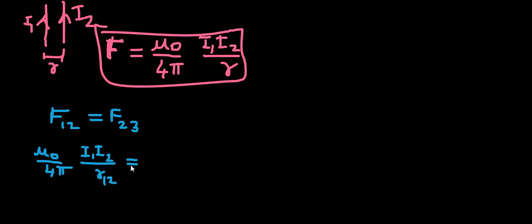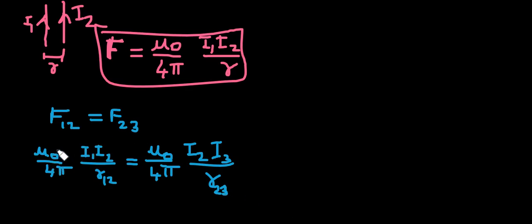The same thing is written on the right hand side also. Here, instead of I1 I2, we write I2 and I3, since it is the force between the second and third wire. The current through the second wire is I2, the current through the third wire is I3, and the distance between them is R23.